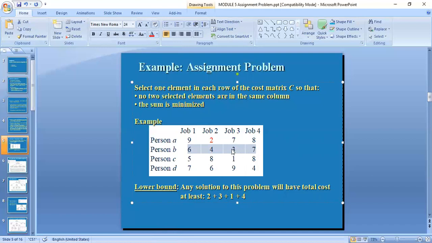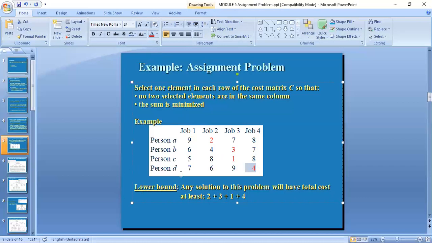The least value is 3. For person C, among all the 4, what is the least value? The least value is 1. For person D, among all these 4 values, the least value is 4. So what is 2 plus 3 plus 1 plus 4? 2 plus 3 is 5. 5 plus 1, 6. 6 plus 4 is 10.